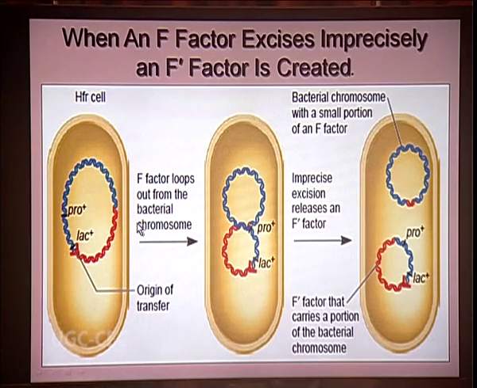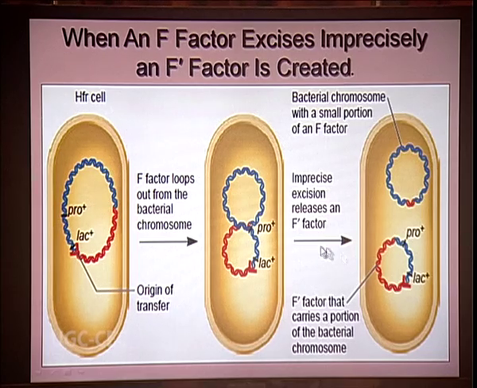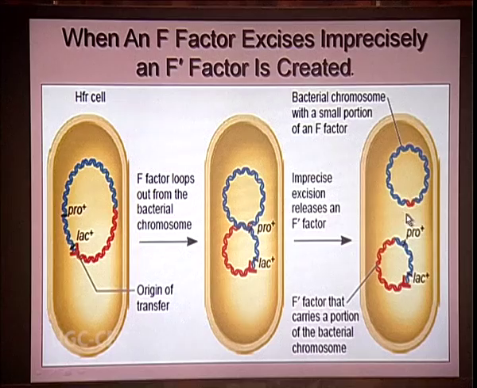Another fate of HFR occurs when the HFR tries to excise its F plasmid. Under such circumstances, we see generation of F prime factors, wherein the F plasmid has some genes of bacterial origin, while some part of the F plasmid is left within the bacterial chromosomal DNA.